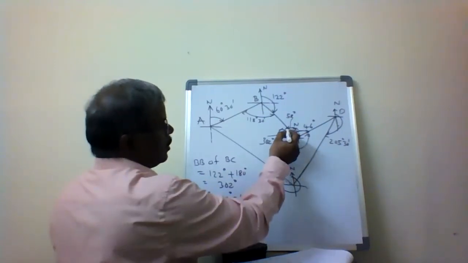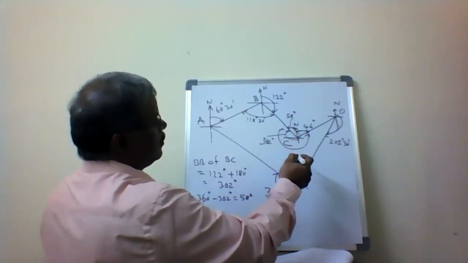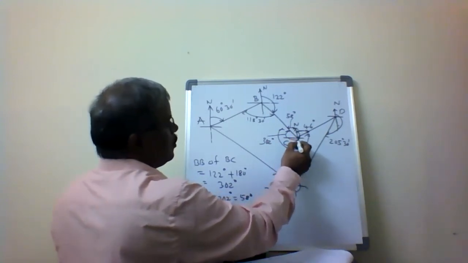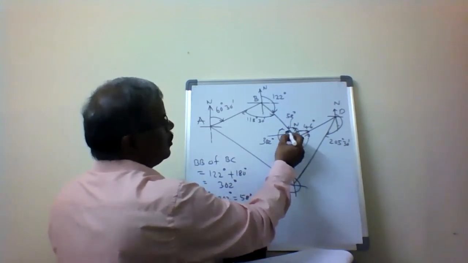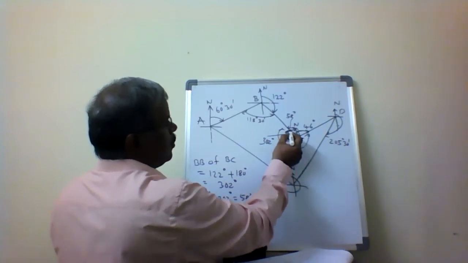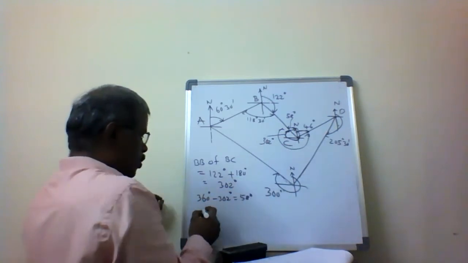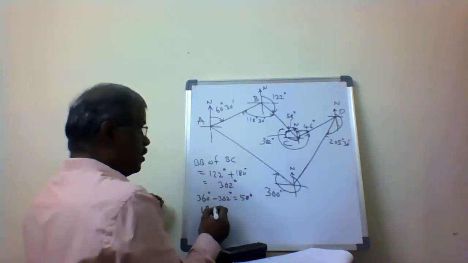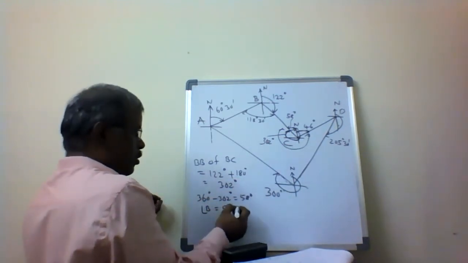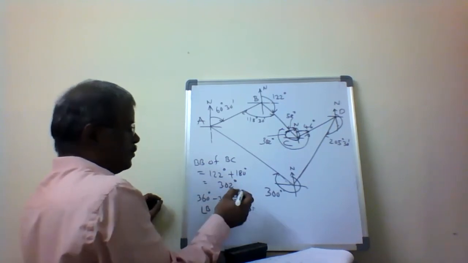Now I have to calculate this. From here to here is 302 and this is 360 degrees. What is this angle? This exterior angle is 58 plus 46.